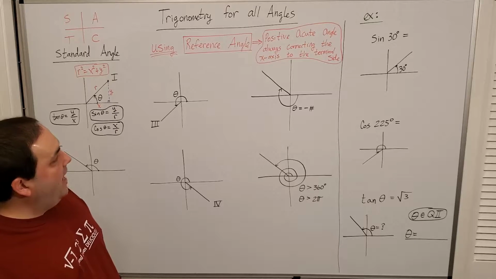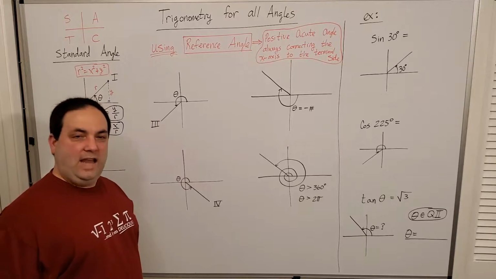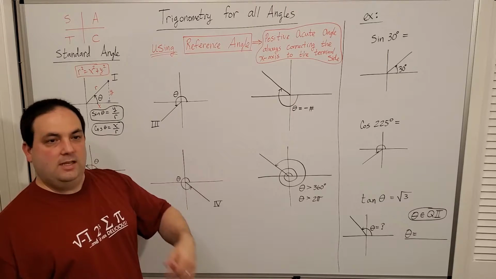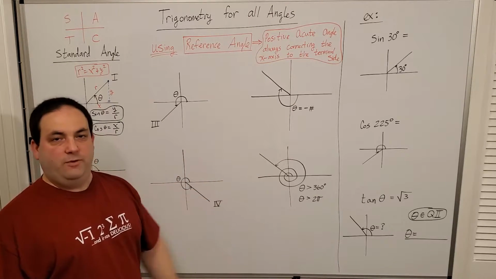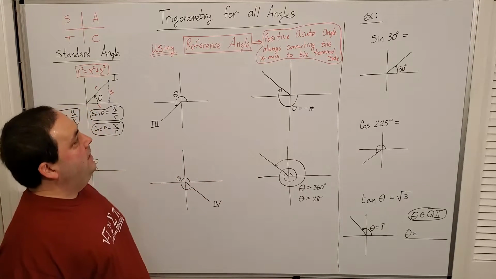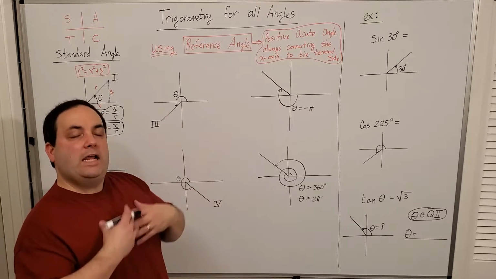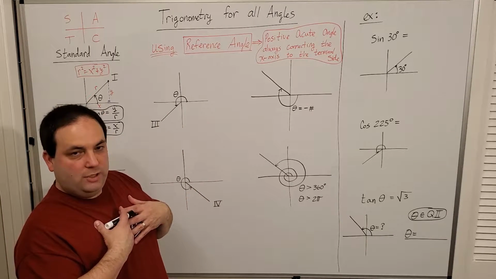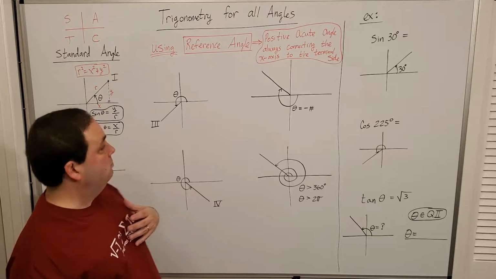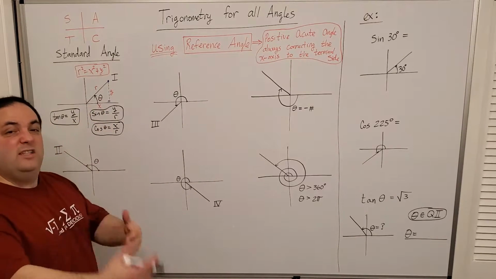Now, a reference angle is exactly what it sounds like. It's an angle that I reference, an angle that I ask for some information. Okay? The reference angle is not actually my angle of interest unless you're in quadrant 1. Okay? If you're in quadrant 1, the angle is its own reference angle.